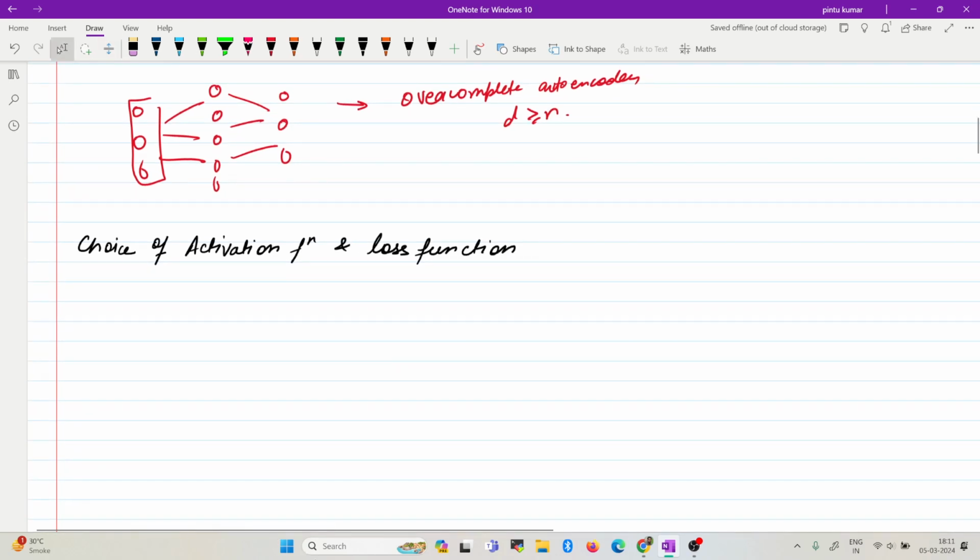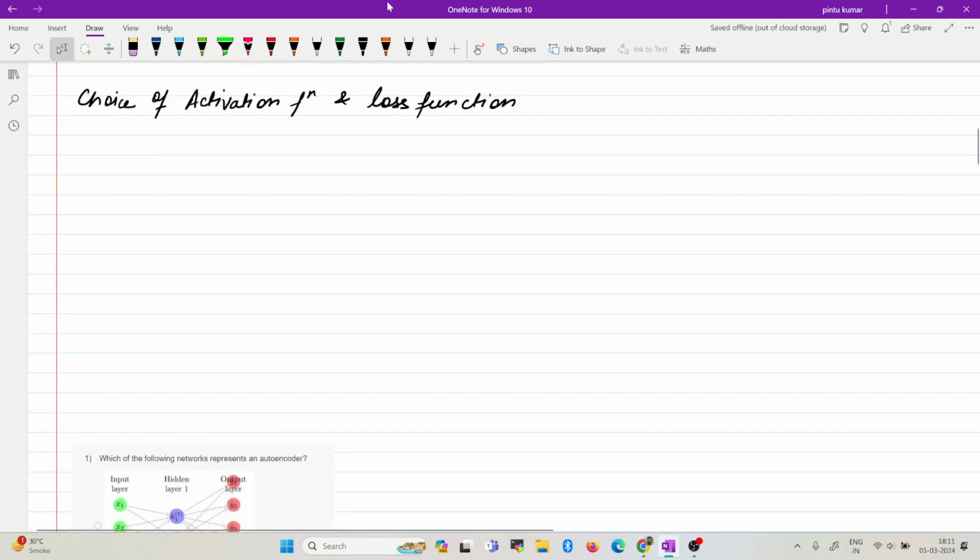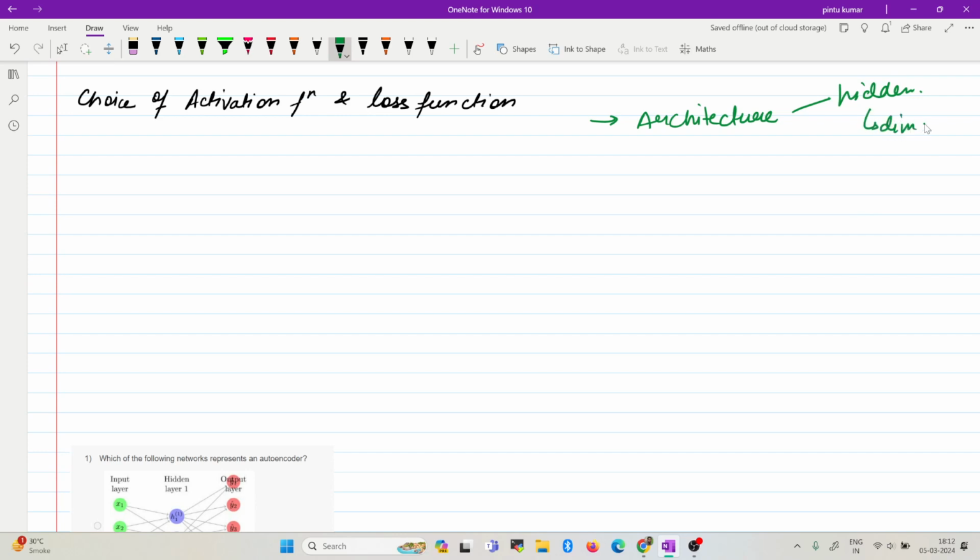Let's say you have some application and you want to make a deep learning model for it. The first thing you need to decide is the architecture: how many hidden layers you want to choose, and what the dimension of your hidden layers is. The next thing you need to decide is what the activation functions for your neurons should be.